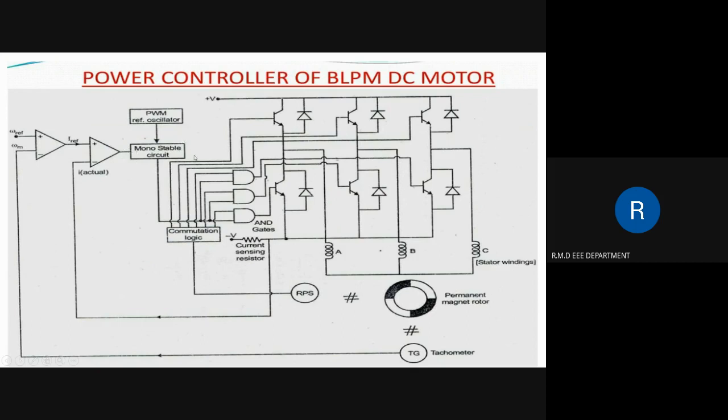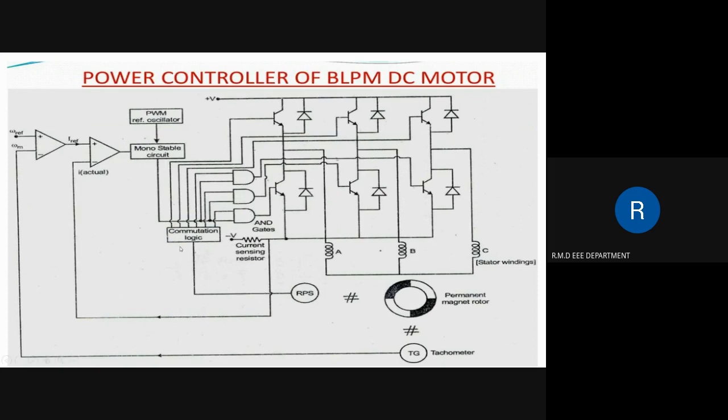Now, the monostable circuit is excited by a high frequency pulse signal. The duty cycle of the output of the monostable multivibrator circuit is controlled by this error signal. Now, the rotor position sensor, RPS. The rotor position sensor converts the information of rotor shaft position into a suitable electrical signal.